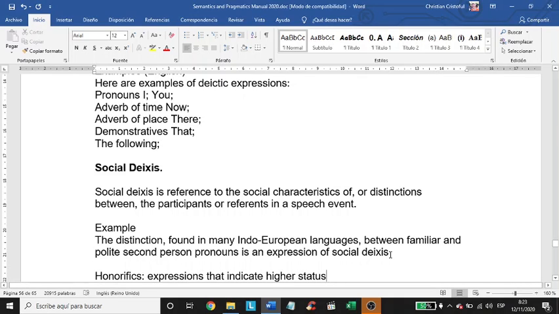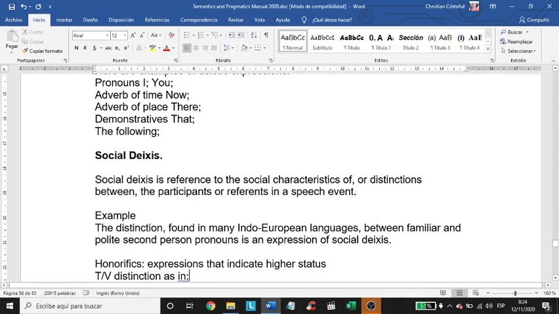In Korean, for example, you have words that distinguish older brother from younger brother, older sister from younger sister. These are deictic expressions as well, social deictic expressions. Or we have honorifics. Yes.